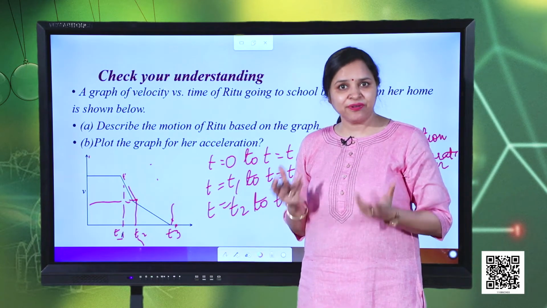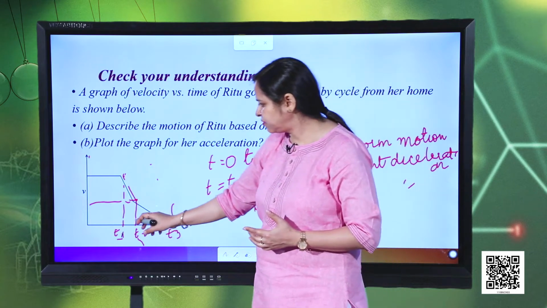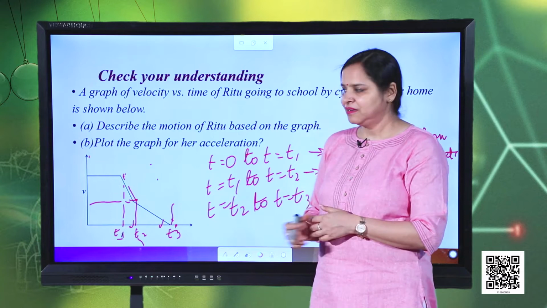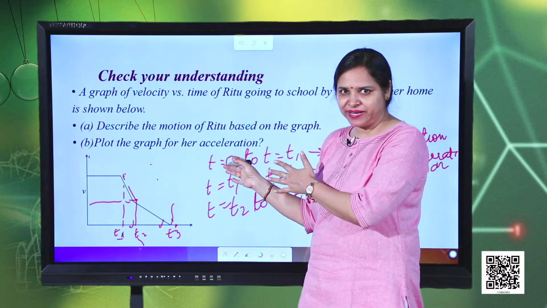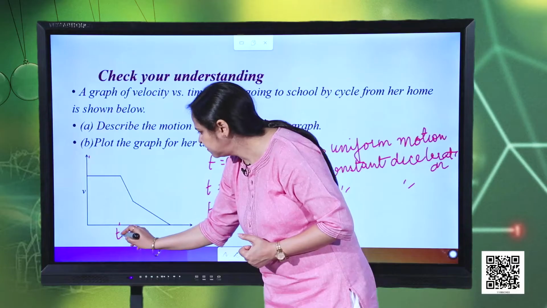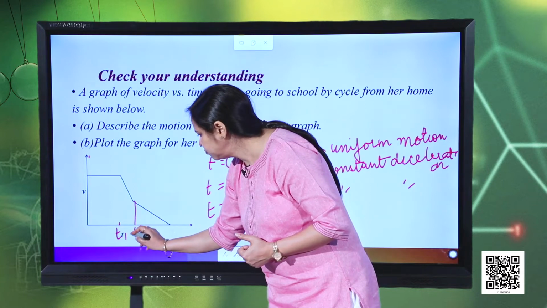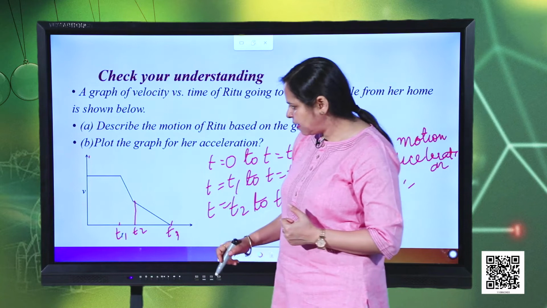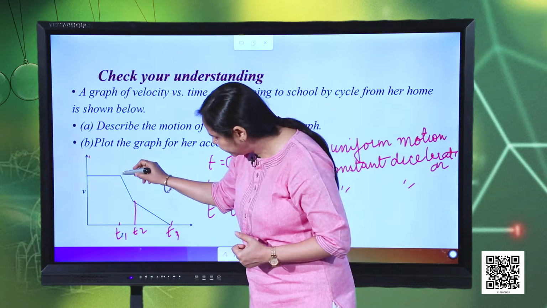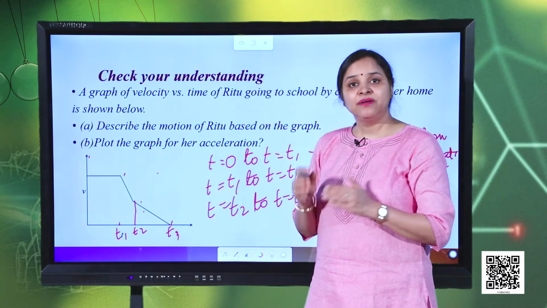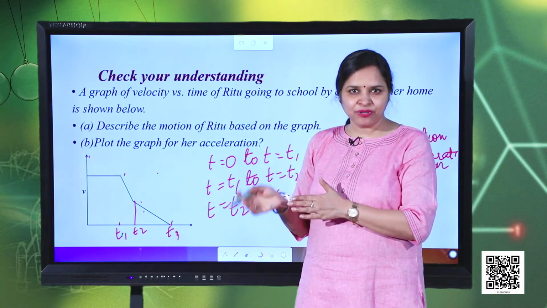Then what is the difference between the deceleration of time interval t1 to t2 and t2 to t3? Please pay attention over here. Just look at the slope during the time interval of t1 to t2 and t2 to t3, and compare which has a greater slope.